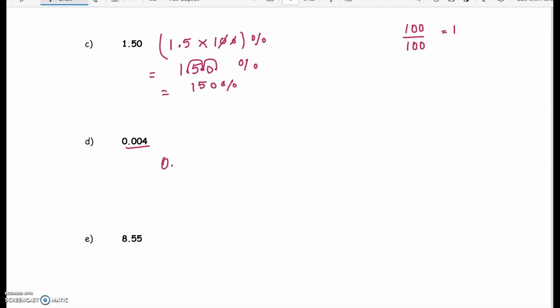So we're going to change this decimal to a percent, which means we multiply by 100%, and that is equal to shifting the decimal point 2 place values to the right because we have 2 zeros and it's multiplication, so we shift to the right. So we have 0.4%.